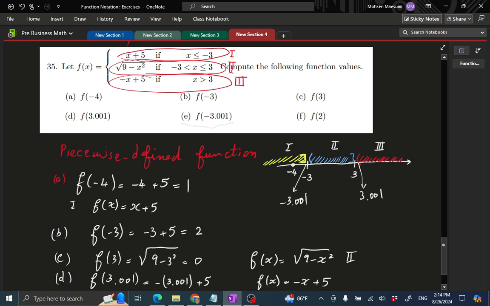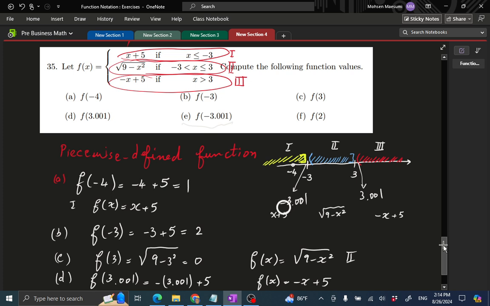That's where we are. In the yellow region, we are using x plus 5 here, we are using 9 minus x squared in the blue region, we are using minus x plus 5 in the red region. So there are 3 different formulas, and that's why I call it piecewise defined.